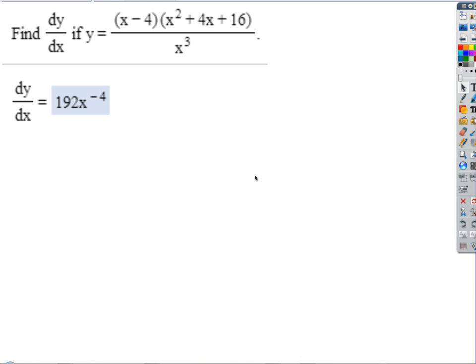But right now we don't have any rules for those. We have shortcuts for just a very few things: power functions, sine and cosine, and a constant, but that's really just a power. We don't have any big fancy derivative rules for quotients and products. What would we have to do before we could begin to differentiate this thing?